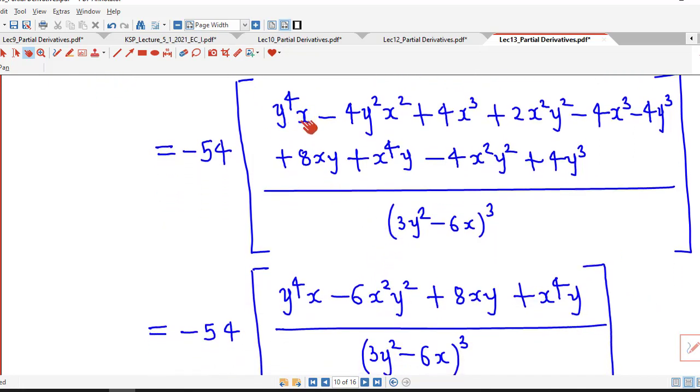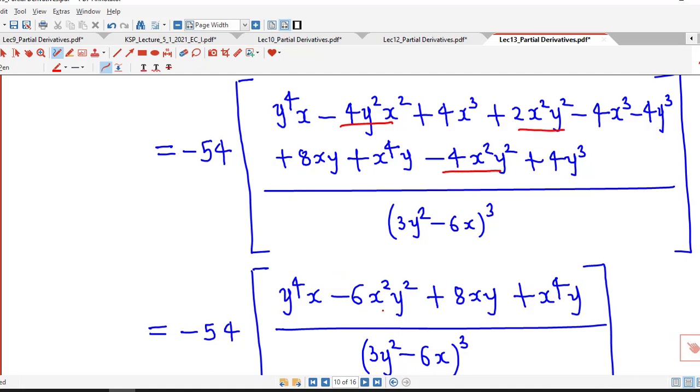Now y raised to 4x, there is only one term which we write as it is, and x square y square is minus 4x square y square, and this is minus 4x square y square. So minus 4 minus 8 plus 2x square y square, that is minus 4 minus 8 plus 2.